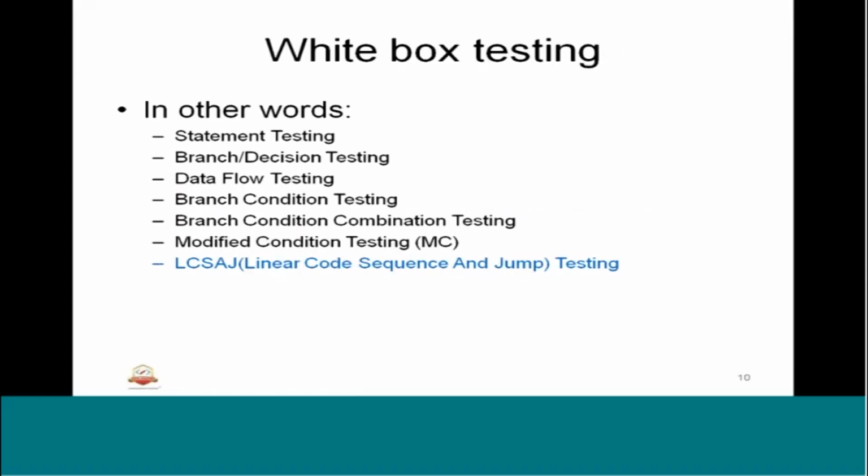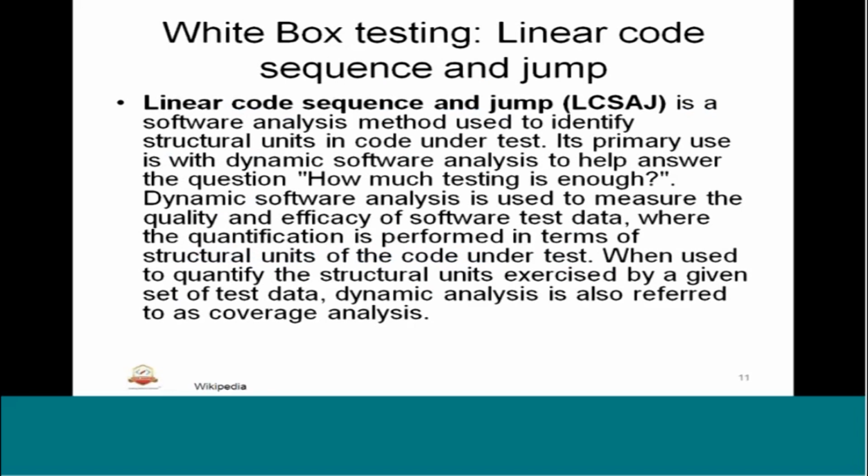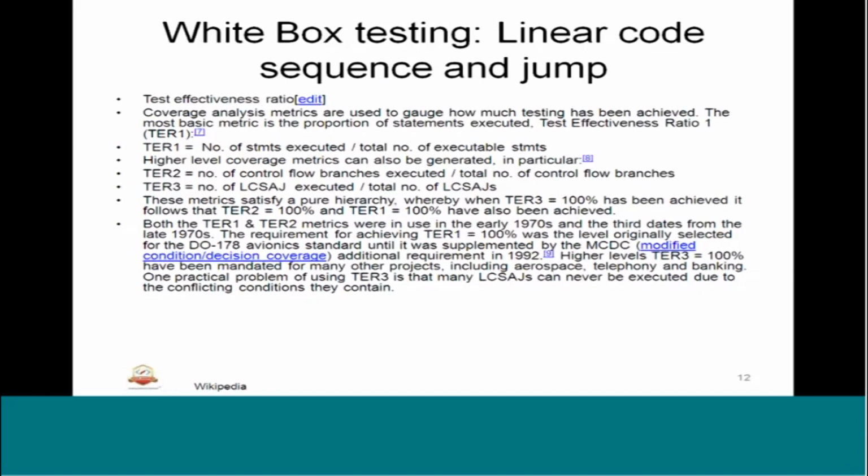Also, the last one, the linear code sequence and jump testing, we did. Here we have seen three types of TER, test effectiveness ratios, where TER1 is the number of statements, statement coverage basically. TER2 is the number of control flow branches versus total control flow branches.